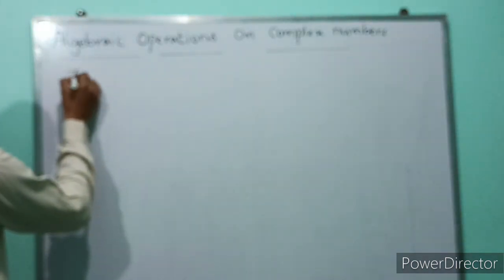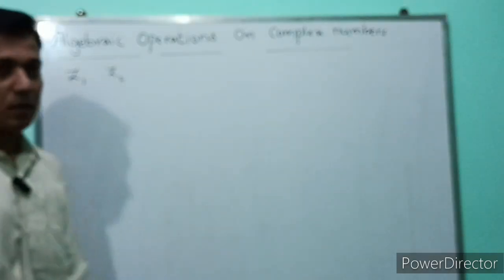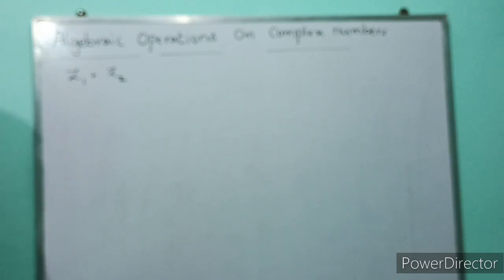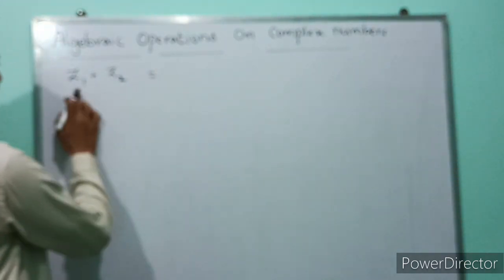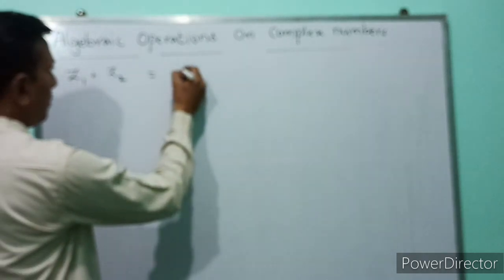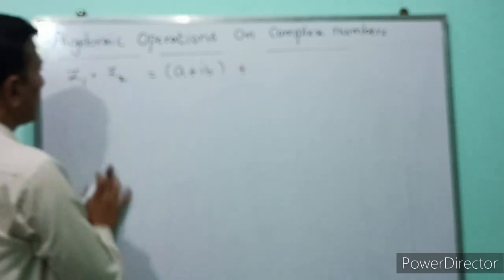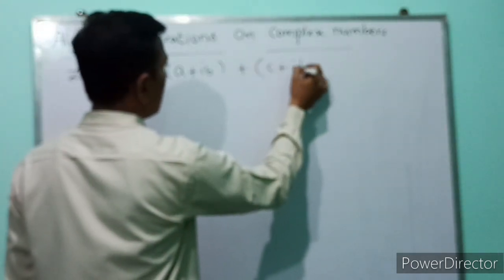We have Z1 and Z2 as two complex numbers. When we add them, how will the operation be done? Suppose Z1 is a complex number A plus iB, and Z2 is a complex number C plus iD.